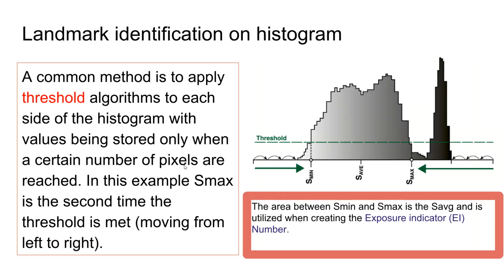And what are you left with, right? You're left with an S-min on one side and S-max on the other. Part of the process where you decided at what particular pixel brightness am I going to set my S-min or set my S-max, that's known as setting a threshold. Right?